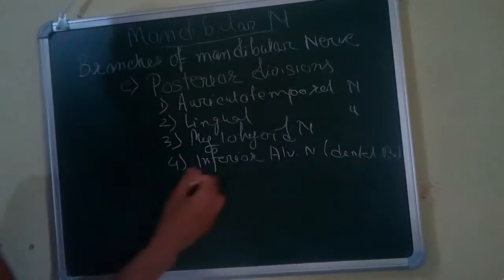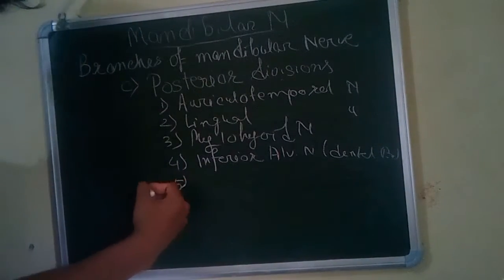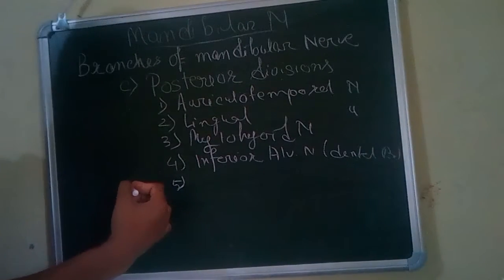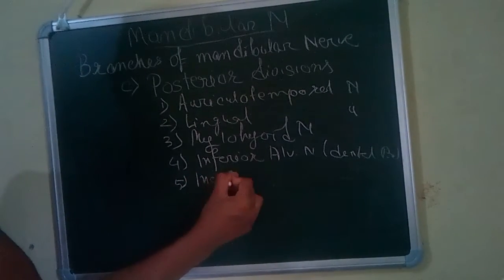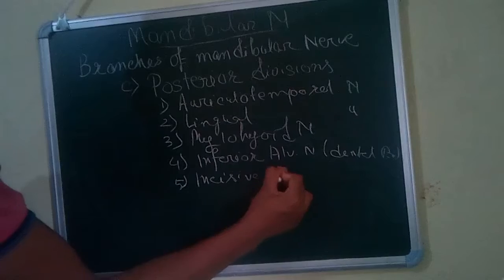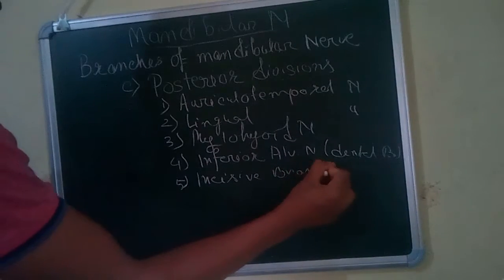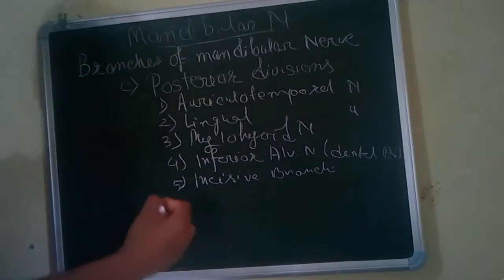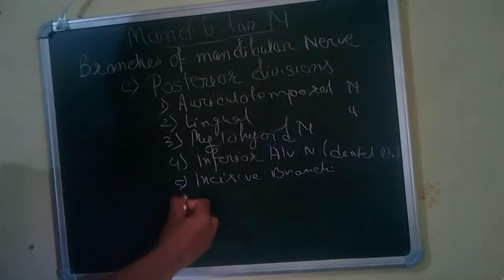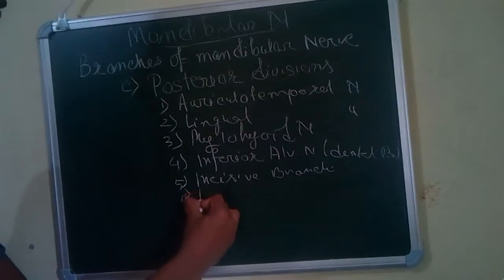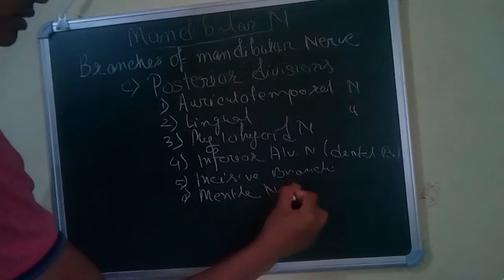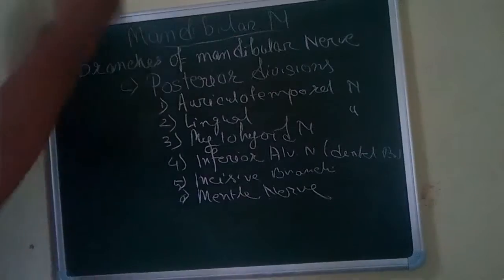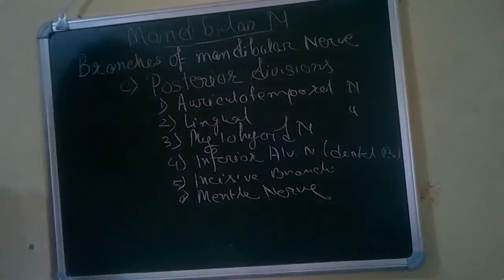Number 5 is the incisive branch, which is also a dental branch. And number 6 is the mental nerve. So these are the branches of the posterior division of the mandibular nerve.